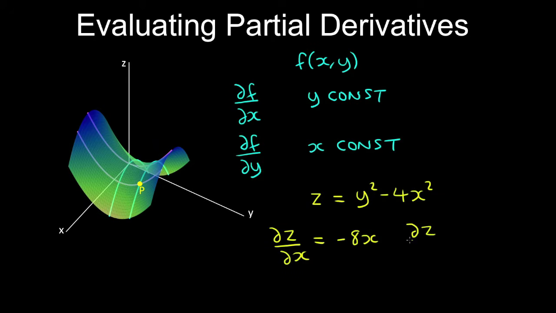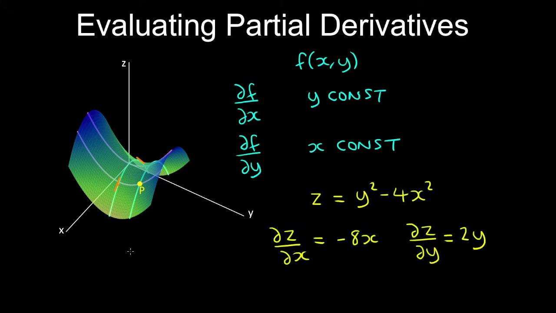And taking the partial of z with respect to y, we get 2y using the power rule, and the second term drops out because we hold x constant. So therefore, moving in the x direction along this parabolic path, when x is negative, the slope of the tangent to the curve is positive, and when x is positive, we see the slope of the tangent to the curve is negative.